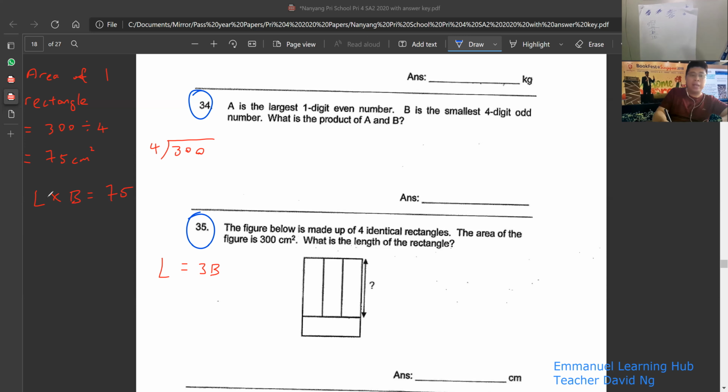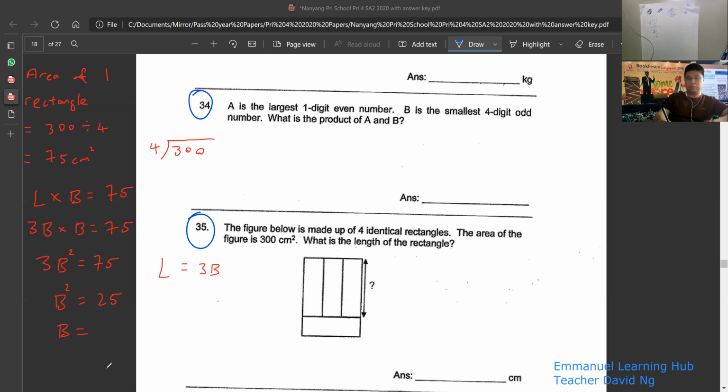And length is 3 breadth, right? Yeah. So length I change to 3 breadth. Okay? You understand what I'm writing here? Then what's the breadth?